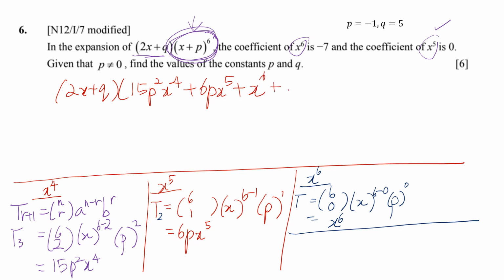Of course, there are other terms that you're not interested in. Okay, so we need to get x to the power of 6 first. So this and this will give me x to the power of 6. So that will be 12p x to the power of 6. And q with this one.